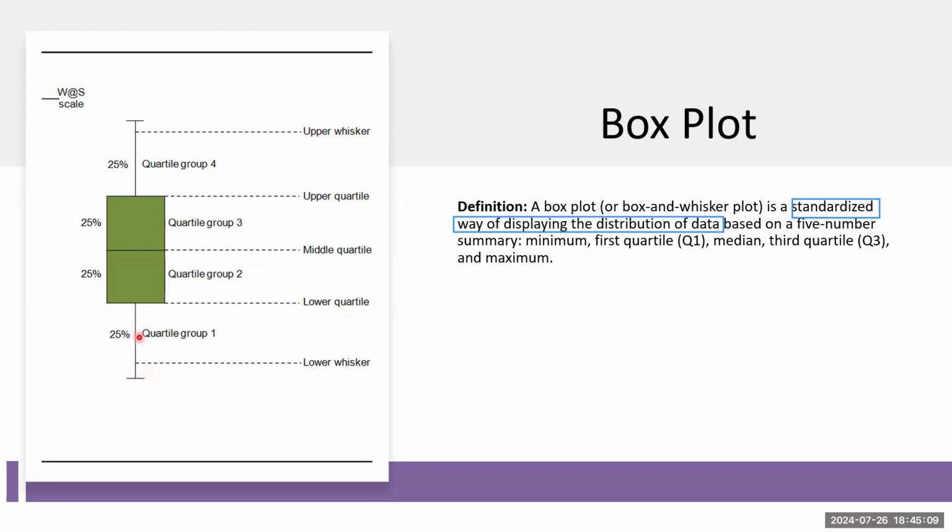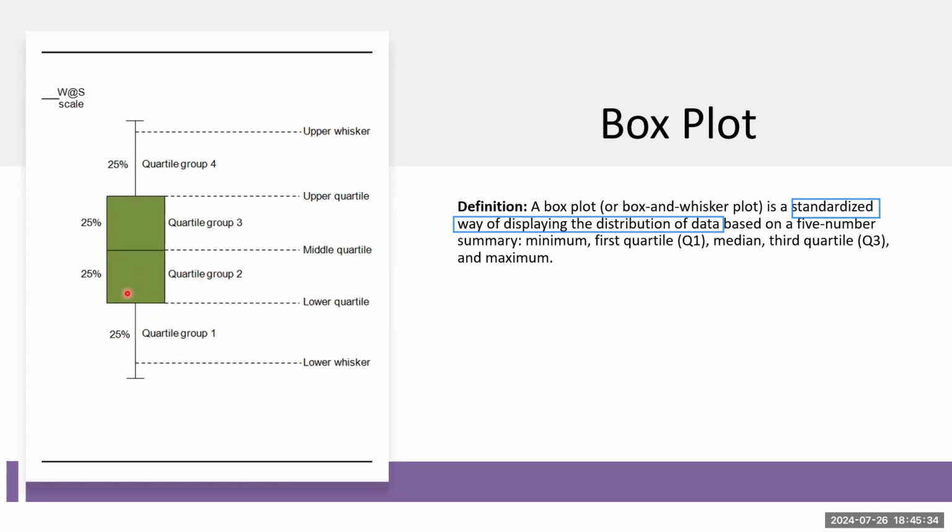So here you have quartile group 1, the 25th percentile. So what is the distribution of scores for the 25th percentile of the students in a class? Here, you go to quartile 2.